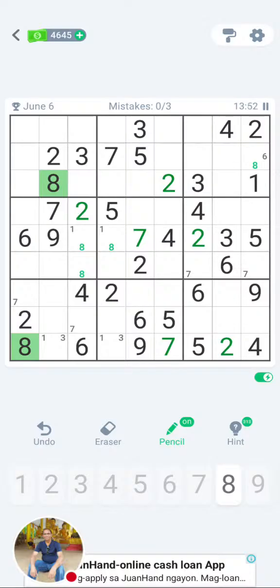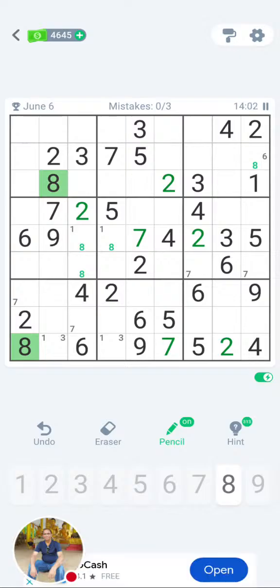What is it? 1, 2, 3, 6. 3, 6, 7 and 8 are missing.